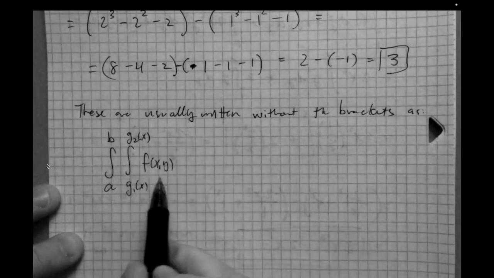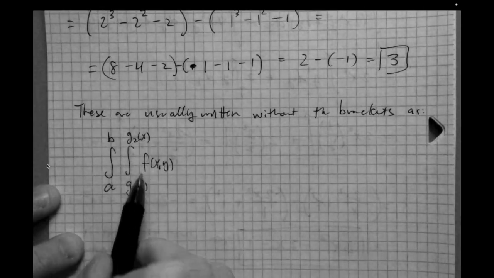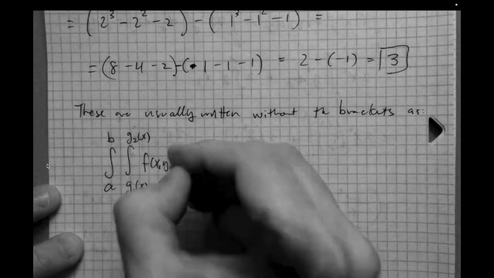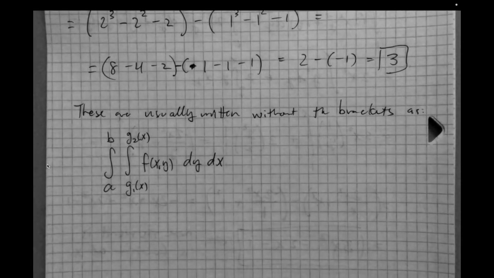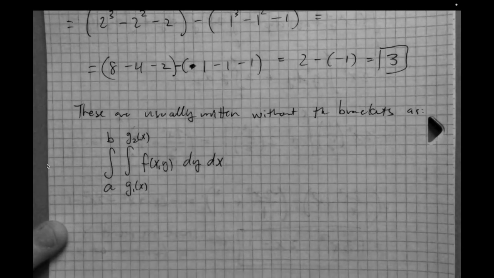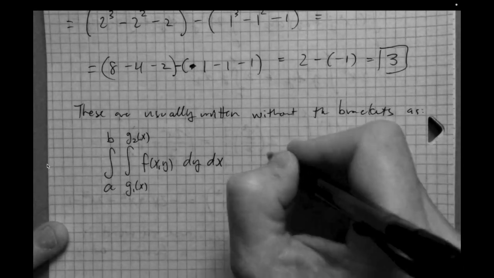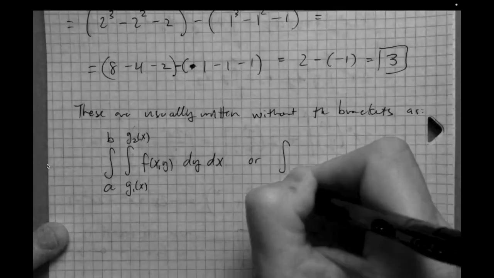And the order here would be you'd first integrate with respect to y, because you can see these are both functions of x, so it'd be dy, and then you'd integrate the resultant function with respect to x. Right, so this is the dy dx version. The same thing could be done this way.